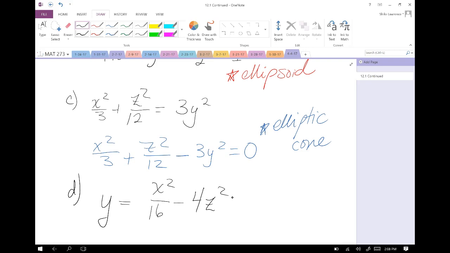y equals x squared over 16 minus 4z squared. It is a hyperbolic paraboloid. So when you go plus and minus with a linear variable, that's what you get.